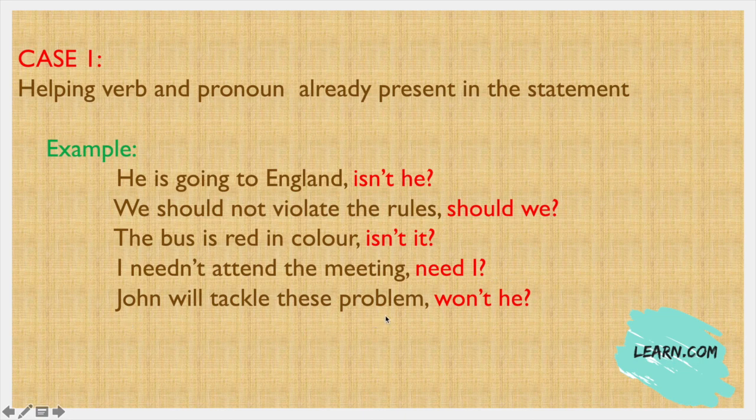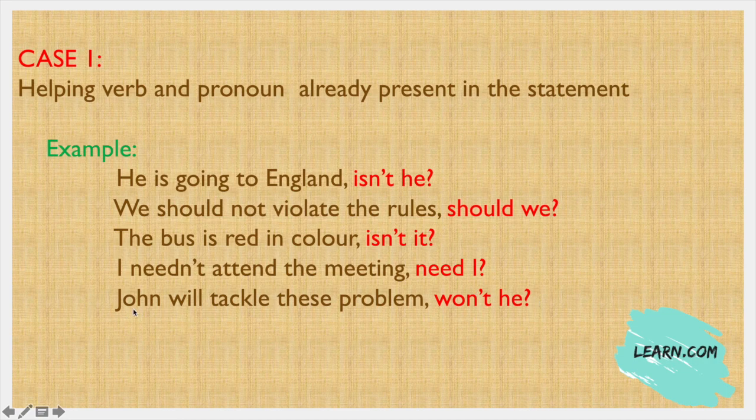John will tackle this problem. Here we have the helping verb will, but we are not having a pronoun; we have the subject John. Now we know John is a boy or a male, and for boys and males we use the pronoun he. That is why we use won't he here.